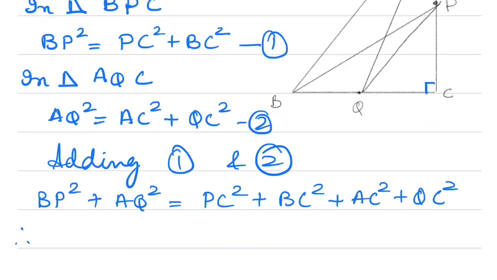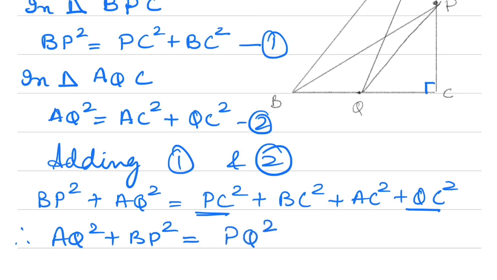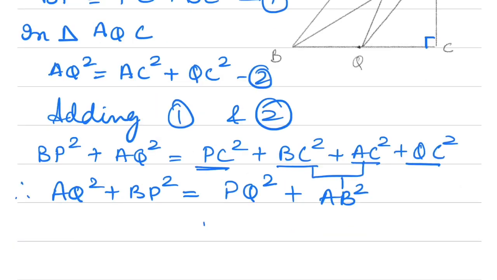Therefore, AQ square plus BP square is equal to, now for PC square and QC square, I can write down as PQ square. PC square plus QC square is equal to PQ square, and AC square and BC square I can write down as AB square. Hence proved.